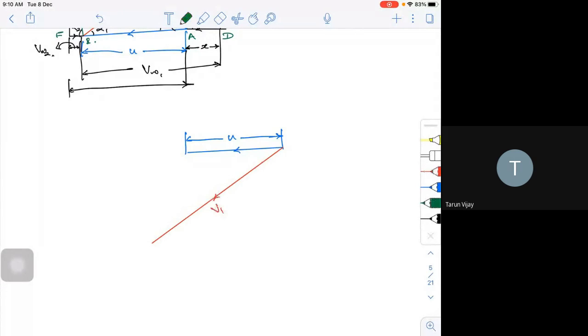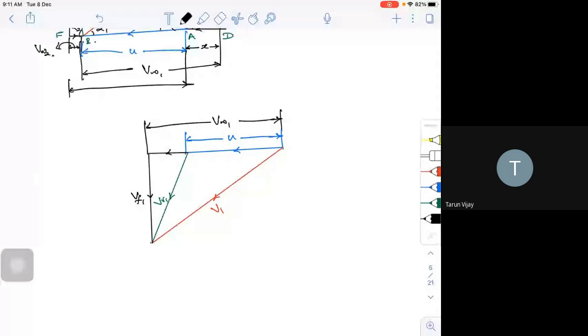Then this will be your VR1, and this is my beta 1. Sorry, VF1. This is my VF1, and this is my VW1. So with this direction, this will be beta 1, alpha 1, fine.